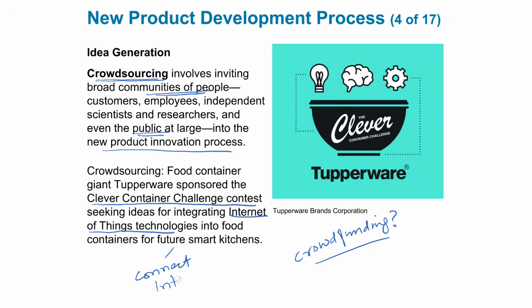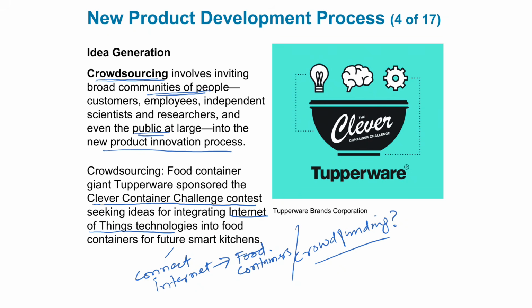internet with food containers. And now we have different kitchen accessories which are connected with the internet. For example, the microwaves, the refrigerators, even the stoves, air conditioners in the homes, the air purifiers, the cameras.